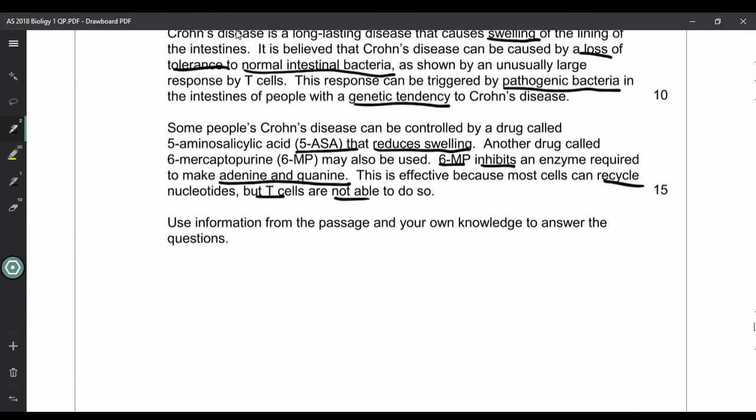So it says that 6-MP inhibits the enzyme required to make A and G. Okay, so this enzyme means that we can't make this. This is effective because most cells can recycle nucleotides, but T cells are not able to do so. So what it's saying is, in a lot of cells, even though we're inhibiting the ability to make A and G, in T cells it's more significant because they can't recycle it.